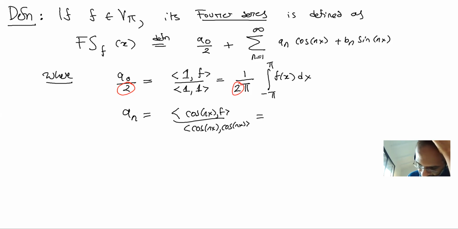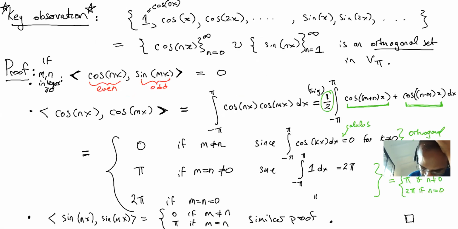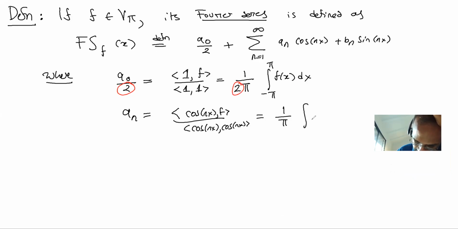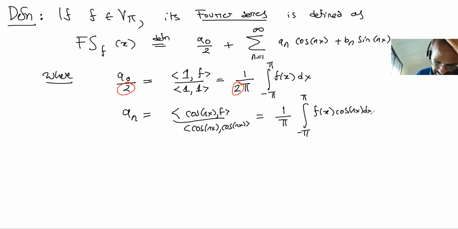Now we calculated that a few slides ago, right? Cosine nx inner product itself is just pi if n is not 0, right? So this just becomes 1 over pi times the integral from minus pi to pi of f of x cosine nx dx, and bn is equal to the same but for sine.